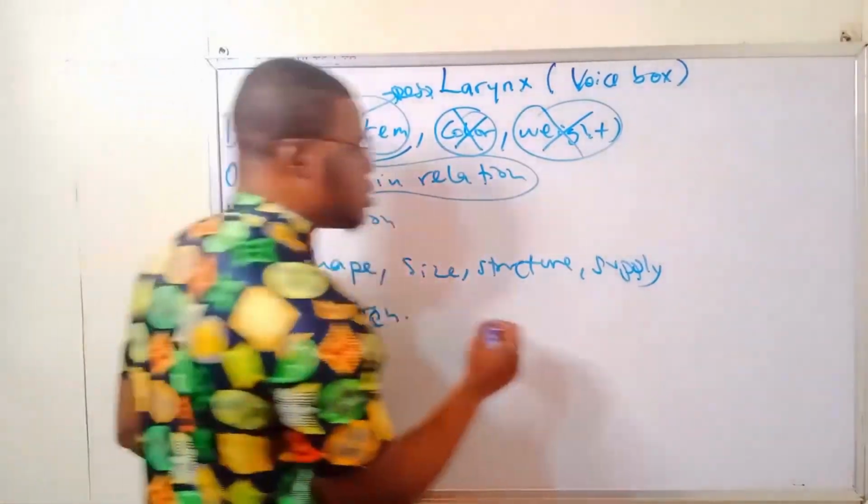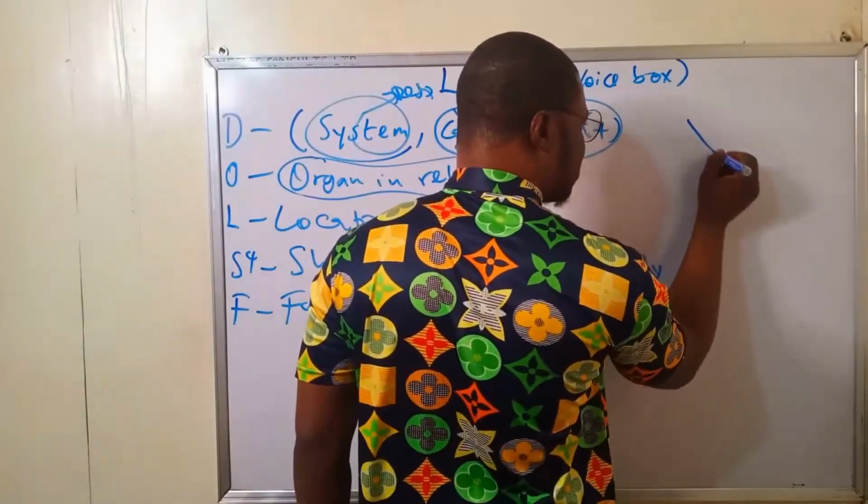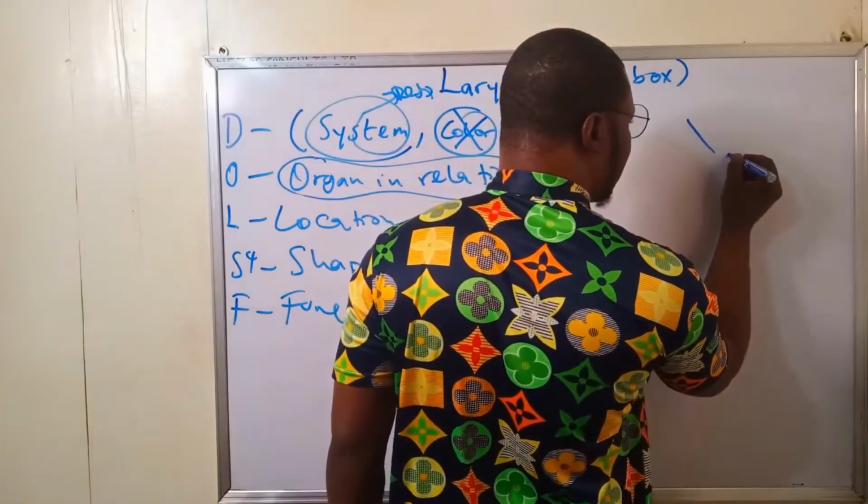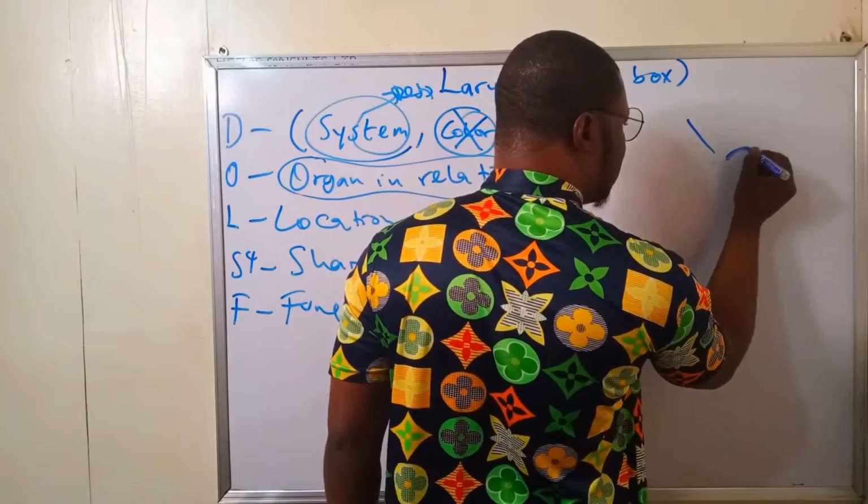But let me just do this. For the larynx, it looks like this. I want to be given the diagram in the organ in relation, so we can just easily do a sketch right here.